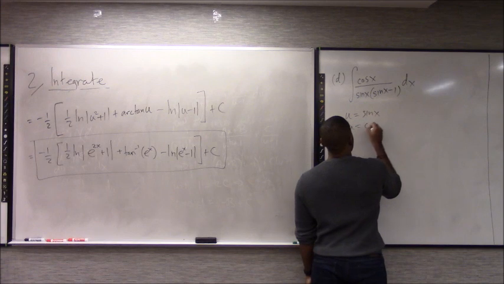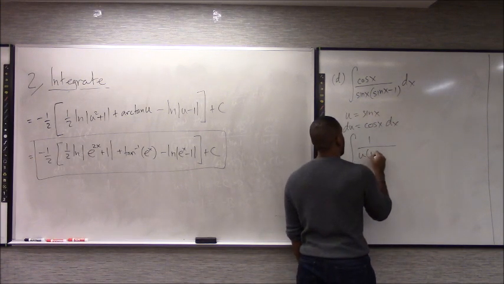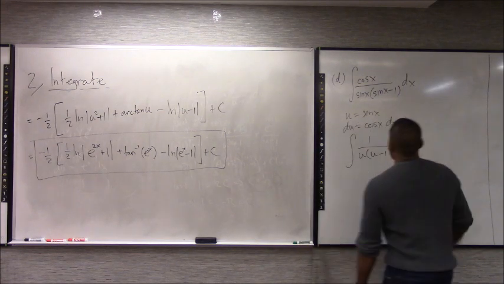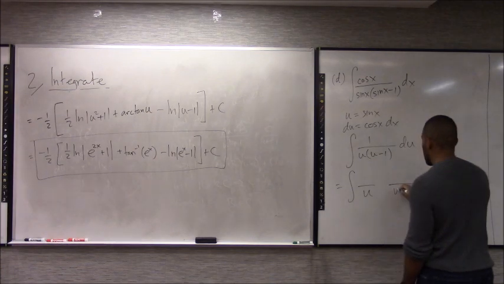Your du is going to give you the cosine x dx. So this integral just becomes 1 over u times u minus 1. That looks like a straight up partial fractions thing.